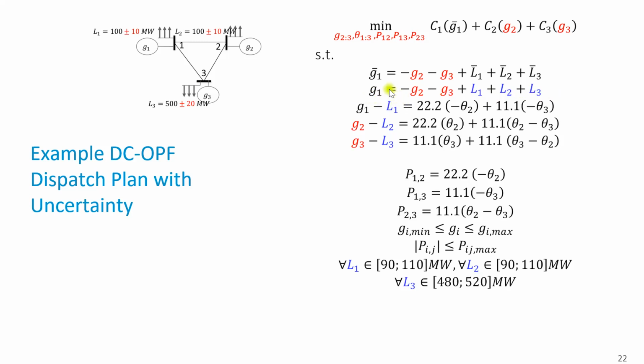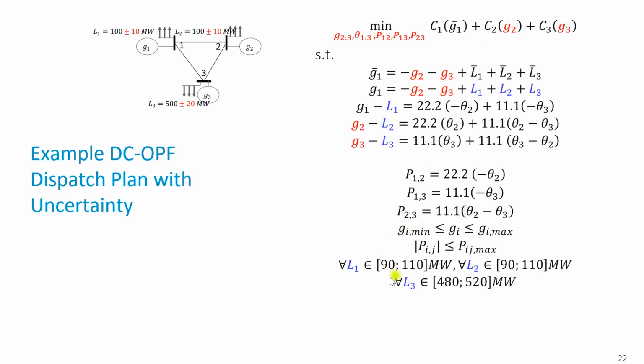The expected value of G1, remember, that's expected with respect to L1, L2, L3 being treated as random variables. So I replace L1, L2, L3 by their means. Since all of this is a linear function of the random variable, the expectation of a linear combination is simply the linear combination of the expectation. So G1 bar is minus G2 minus G3, which are my control variables, plus this L1, L2, L3, which are the expected values. So I assume L1, L2, L3 follow some distribution from which I can know the mean value.